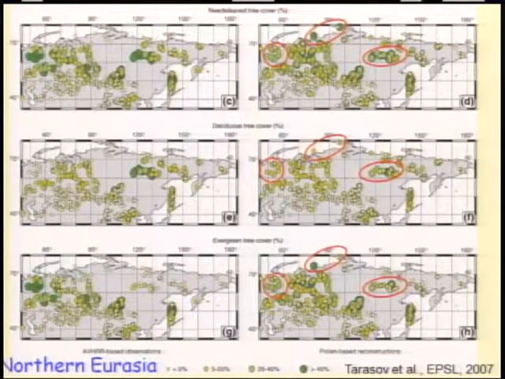Tarasov and collaborators have also developed methods that are based on the modern analog approach too, that are giving really quite good reconstructions too, as you see here as an example, of needle-leaved tree cover, deciduous tree cover, and evergreen tree cover.